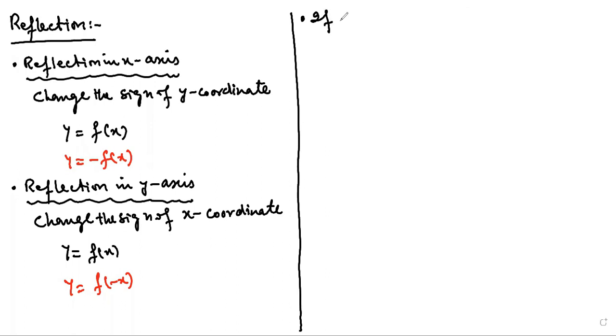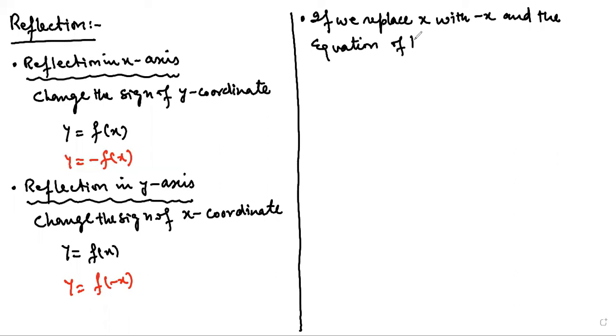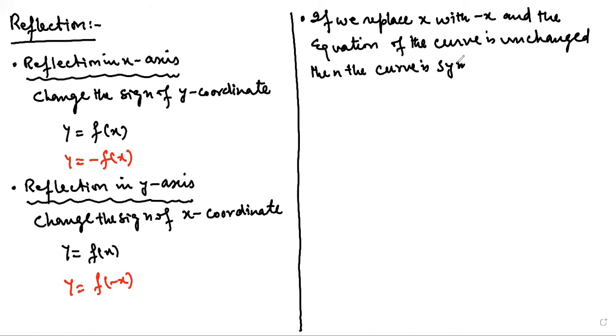If in any curve we replace x with minus x and the equation of the curve is unchanged, then the curve is symmetrical about y-axis. Now I will give you examples.